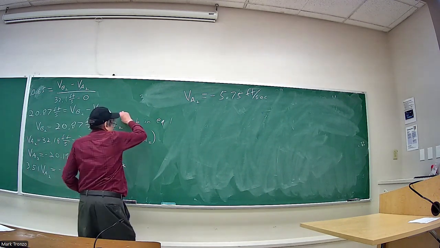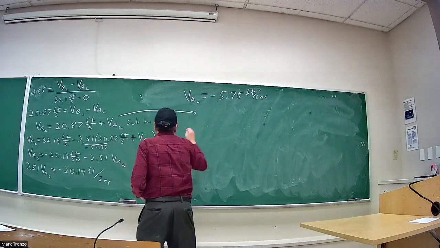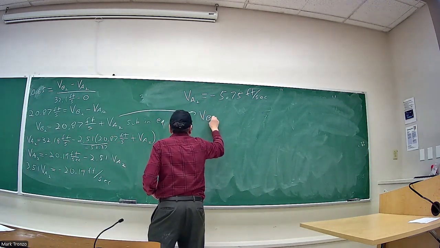And we can find the velocity of B by substituting into here.